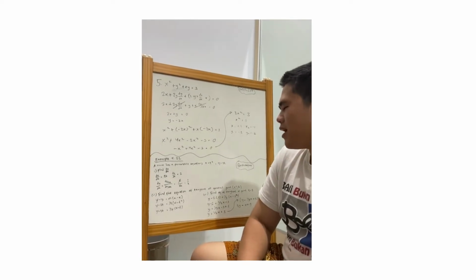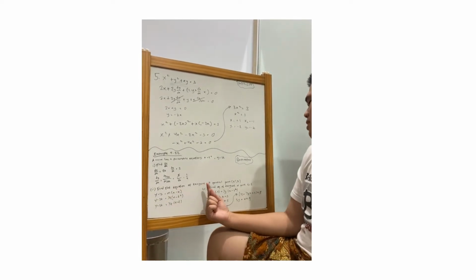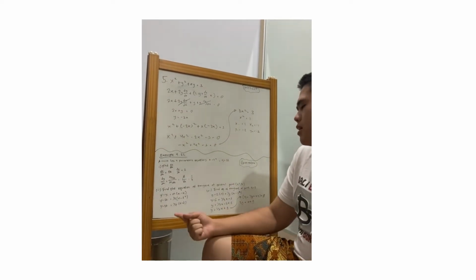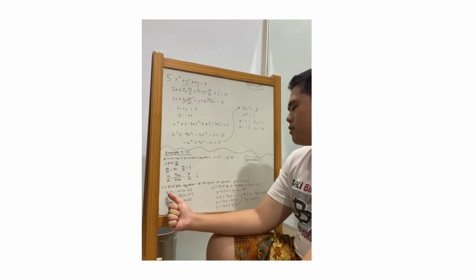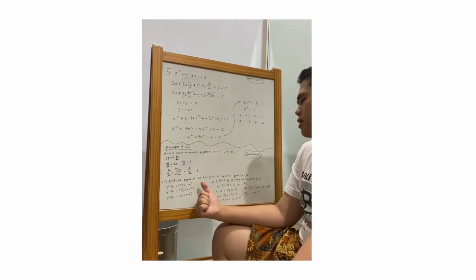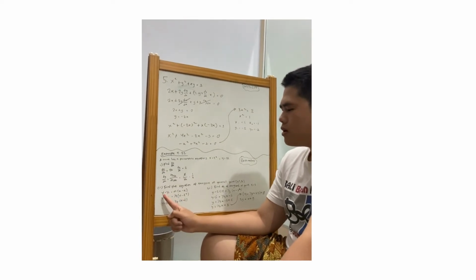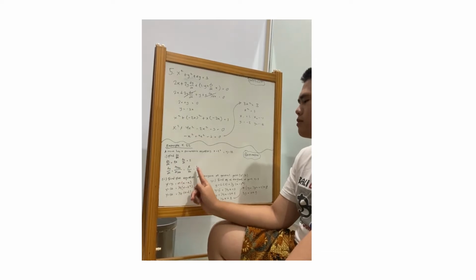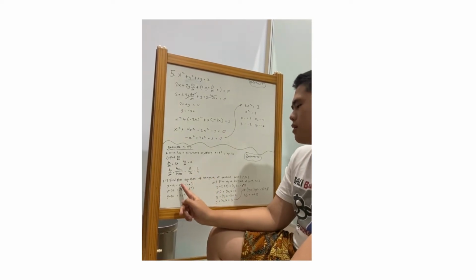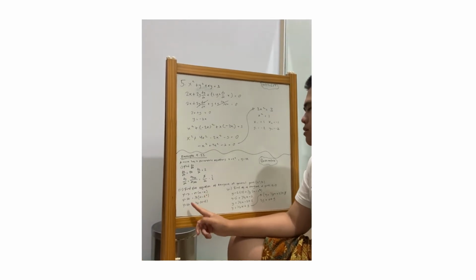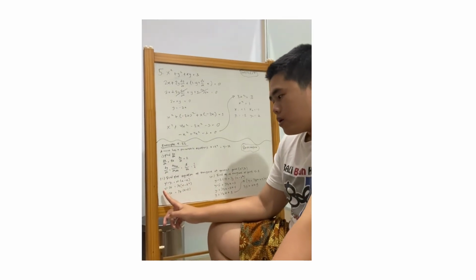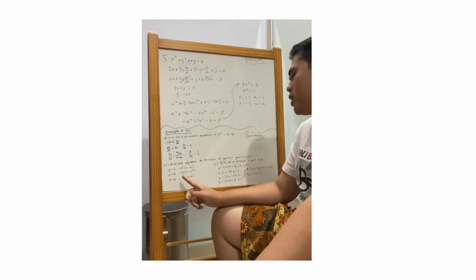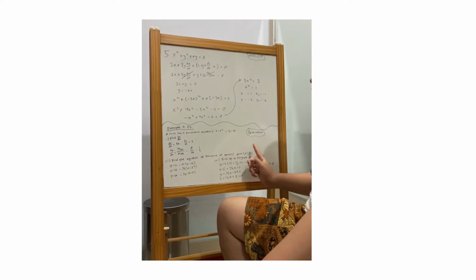So it became 2 over 2t, and then we eliminate the 2, so it became 1 over t. Okay, for part ii, we need to find the equation of the tangent at general point t squared, 2t. We write the tangent formula, which is y minus y1 equals m, the gradient that we get from the first part, times x minus x1. So y minus 2t, where did we get the 2t from? From the question.